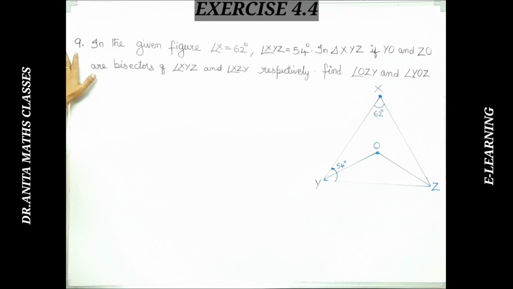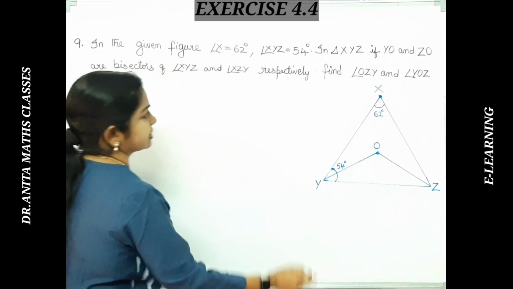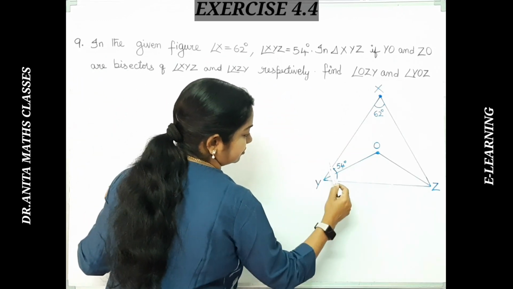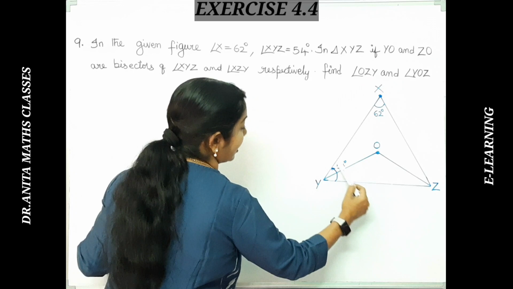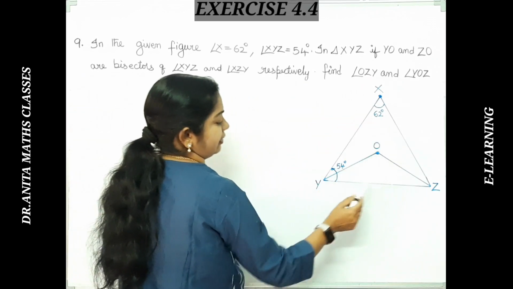In the given figure, the 9th problem: angle X is equal to 62 degrees, angle XYZ, that means the Y angle, is 54 degrees in the triangle.